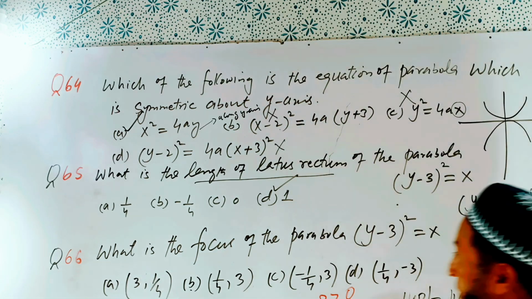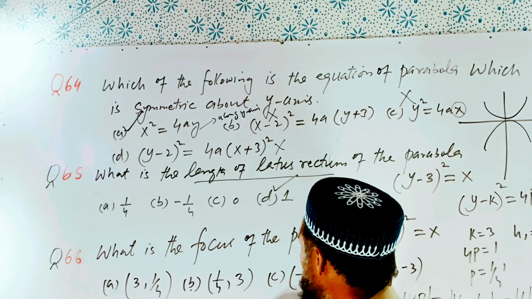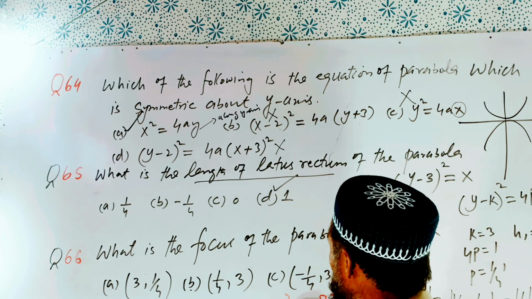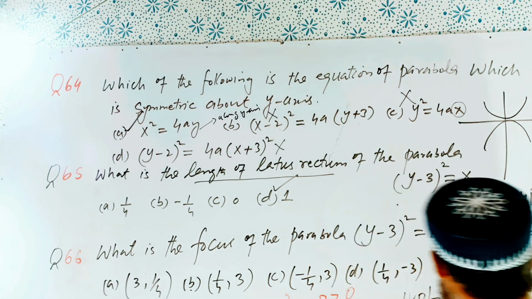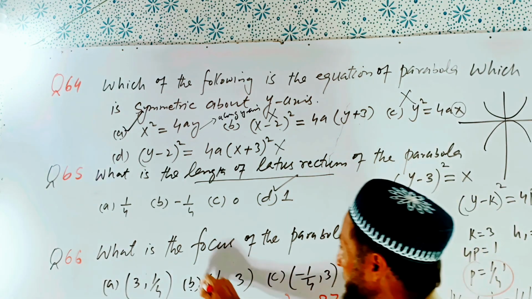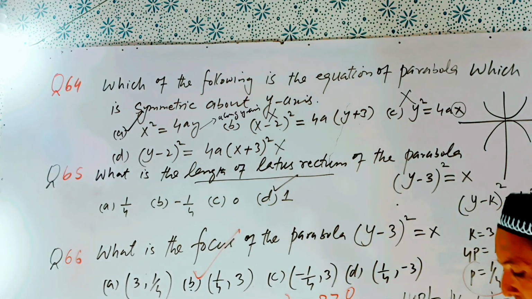So we get the focus p and 0. The focus will be 1/4 and 0, since we have already defined p is equal to 1/4. Option B is the correct option.